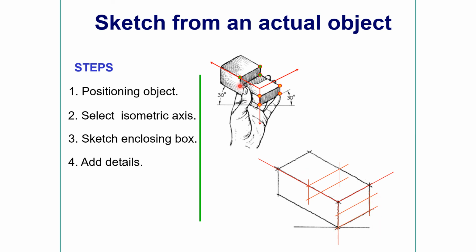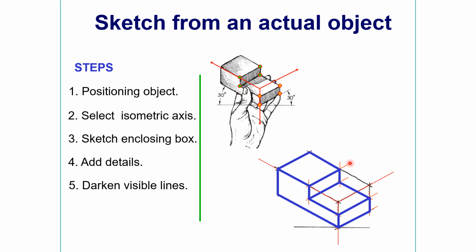Now the front part again has four points, 1 2 3 4. Now I will join this line to this line to this. Now you are seeing the object. Now I will darken all the remaining lines. Now you can clearly see I have drawn the 3D object on the drawing, and I have again explained all the steps that I discussed in the previous slide.